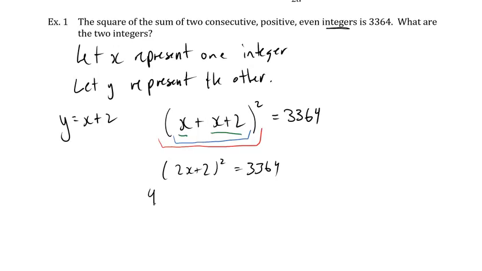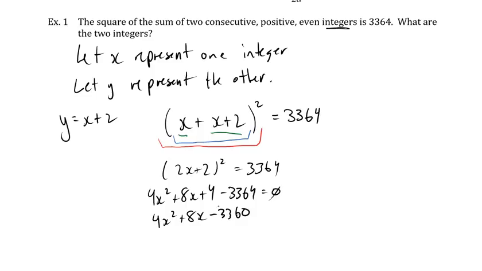So this would give you 4x squared plus 8x plus 4 minus 3,364 equals 0. And I would then get 4x squared plus 8x minus 3,360.